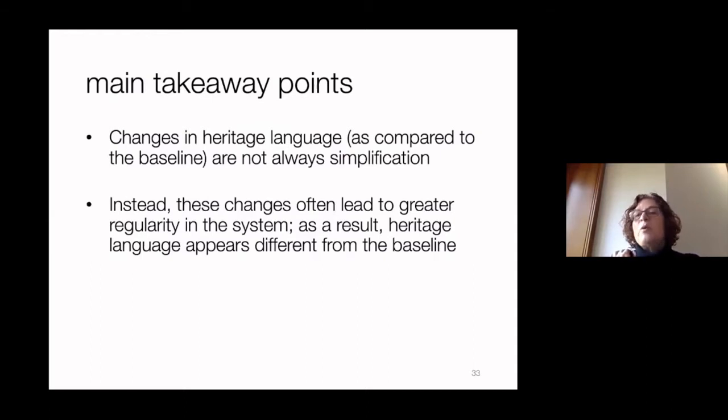So the main takeaway point from that is that changes in heritage languages are not always simplification, and instead we can see them as leading to greater regularity in the system. And as a result, the heritage language does appear different from the baseline, but this difference is not accidental.